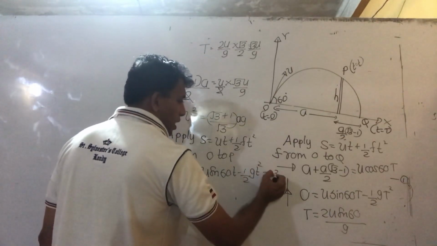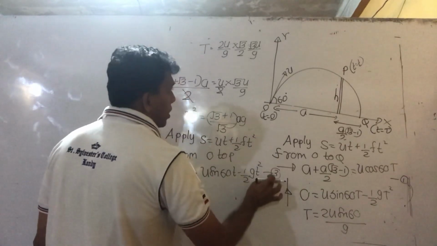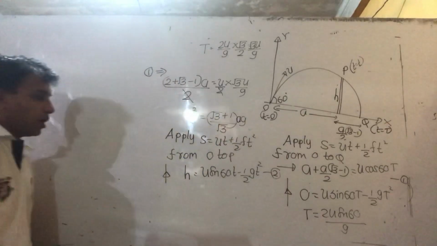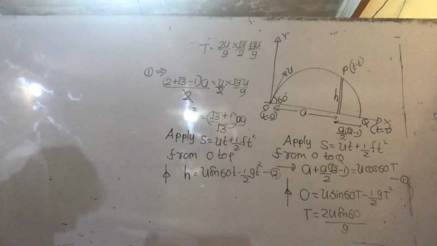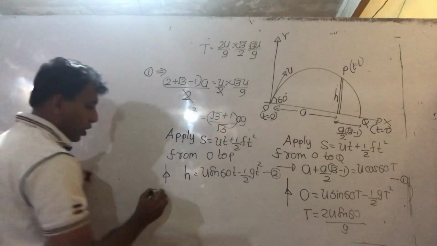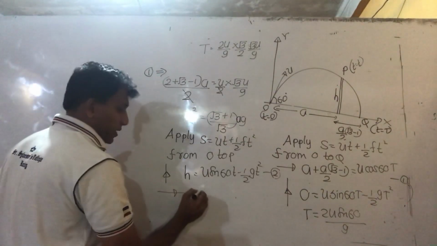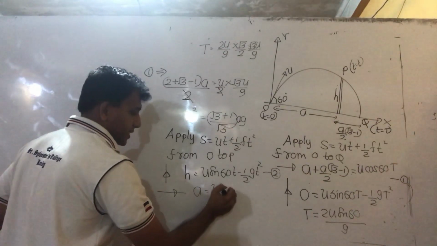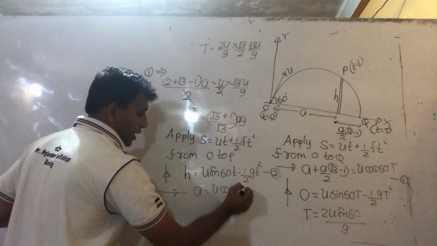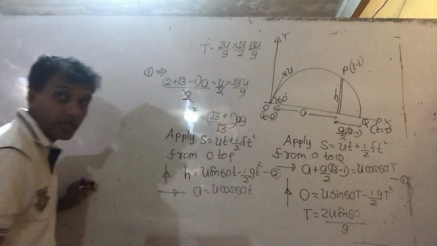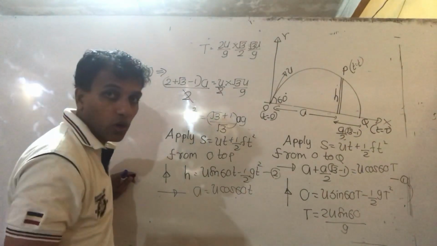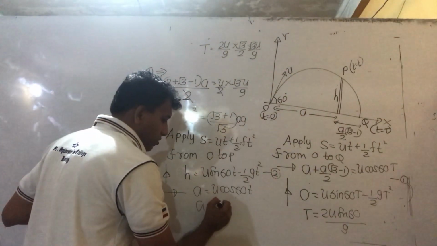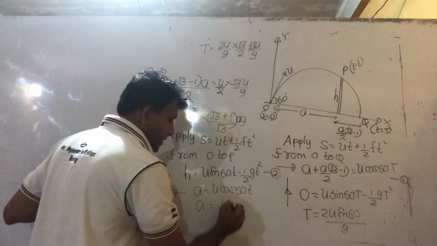This always happens in projectile problems. This is my second equation. Next apply the formula horizontally. a equals u cos 60 into t. There's no acceleration horizontally. So cos 60 is half, therefore a equals half u t.